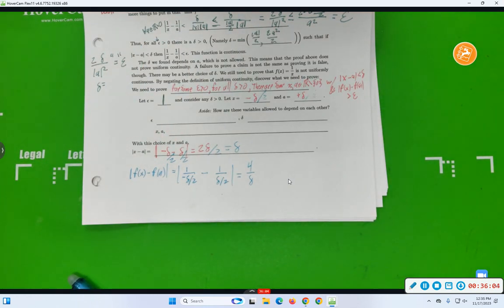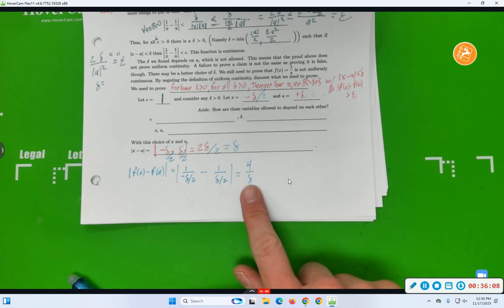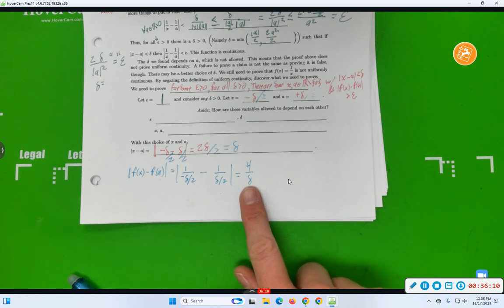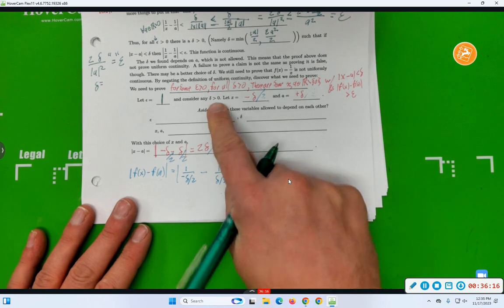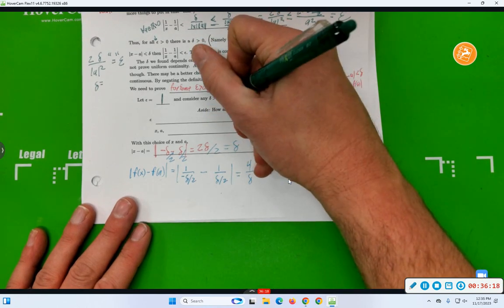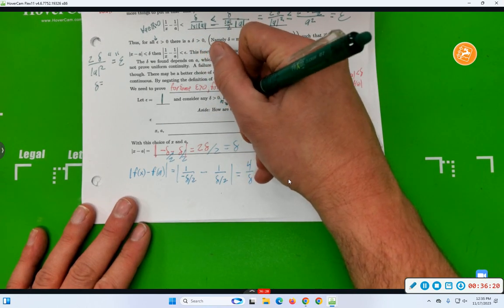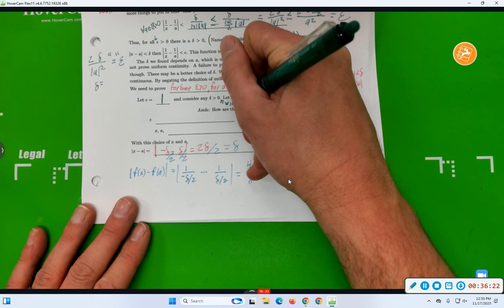So let's let epsilon be equal to 1. I think as long as delta is less than or equal to 4, this will work. So let's consider any delta bigger than 0. Let's add a without loss of generality.